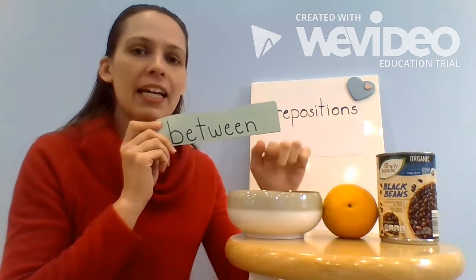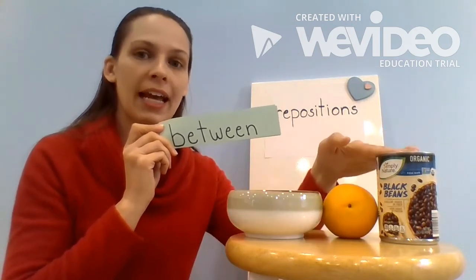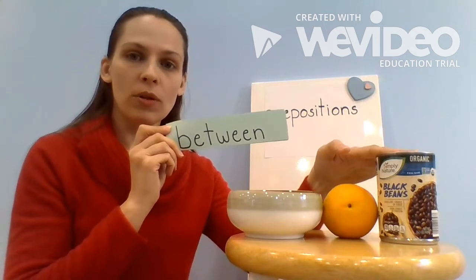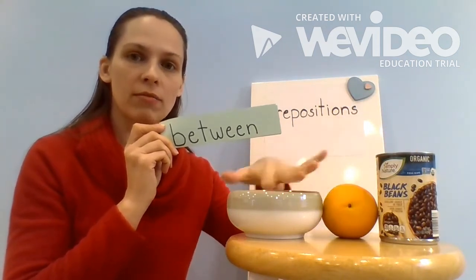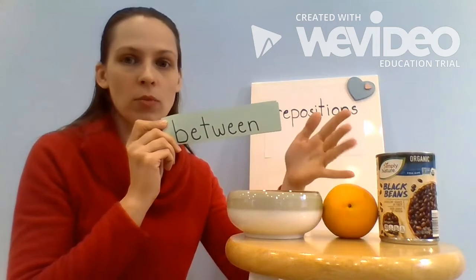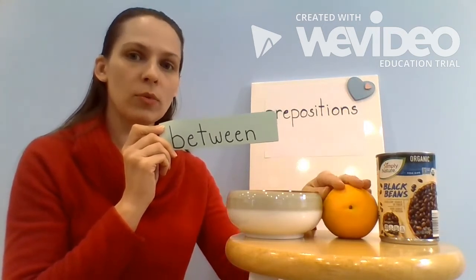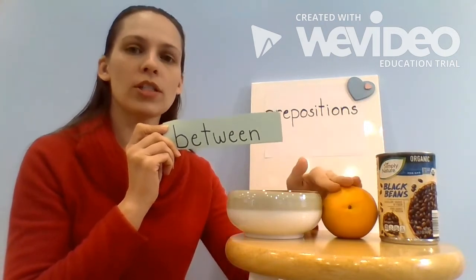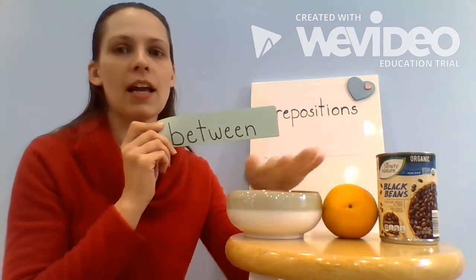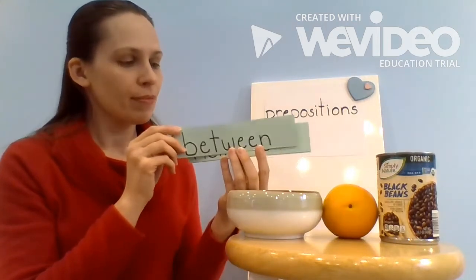We could say the orange is between the bowl and the can. That's okay too. So you can switch these things as well, but orange has to go first. Okay, the orange is between the bowl and the can, or the orange is between the can and the bowl. Okay? Between.